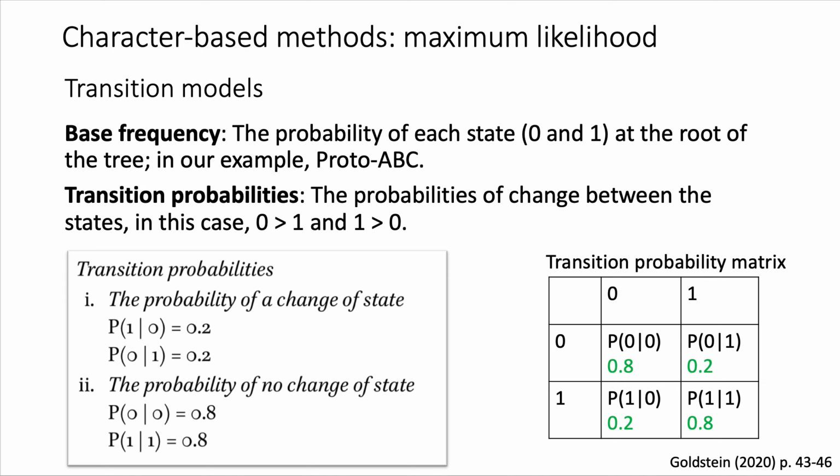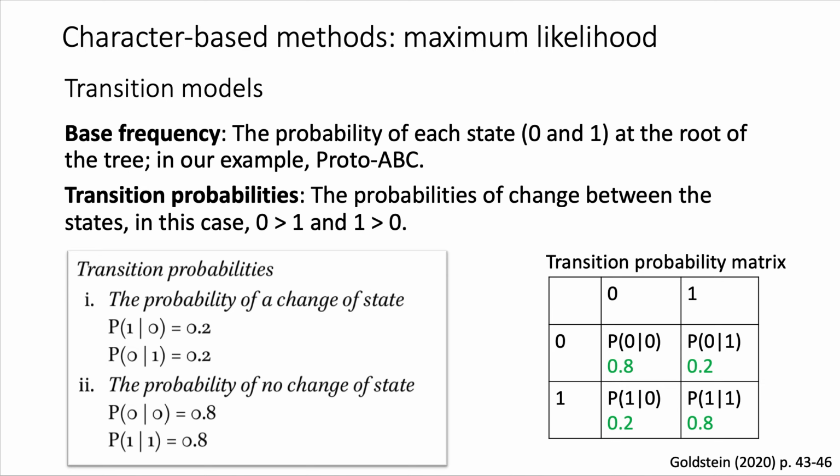The transition probabilities are both in I there in the window you have in the bottom left. They relate the probability of a change of state, right? P1 to 0 and P0 to 1. And in II, the probability of no change of state, where the P where you stay 0 is 0.8 and the P where you stay 1 is 0.8.